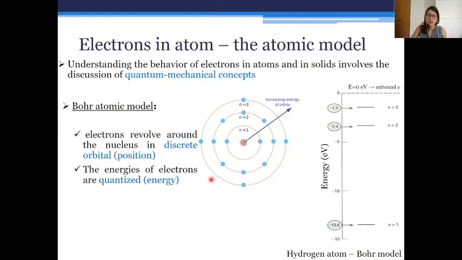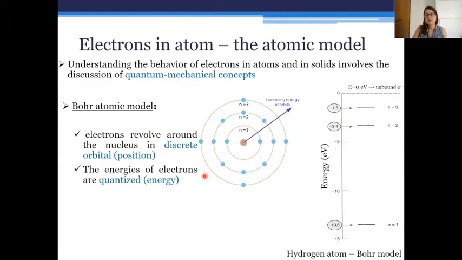And the energies of the electrons are quantized, which means that the energy of these electrons has only specific values which are associated to the energy levels, energy states.